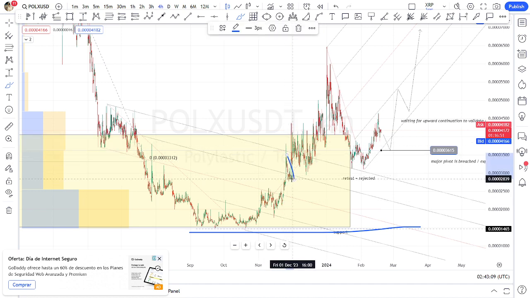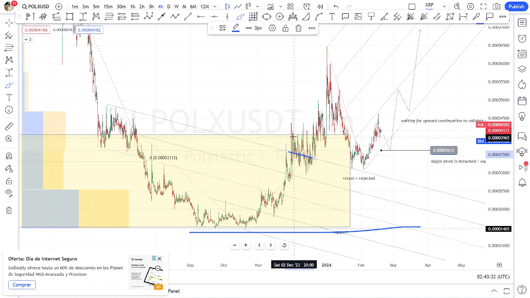So the price rejected, and again it touches the 50%. It reacted and broke out. Again, they try to retest it, and the bears successfully put the price back to the support. I mean the previous resistance, and this is now the new support.